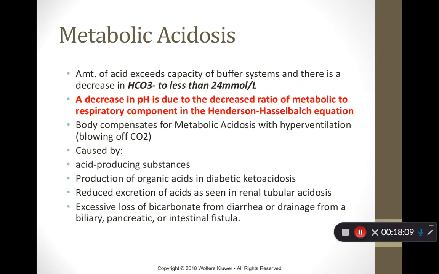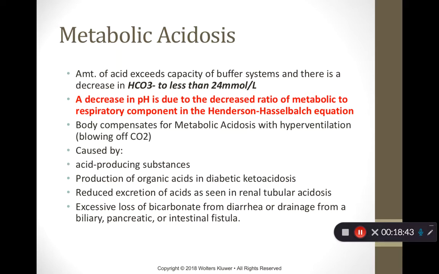So in metabolic acidosis, again, remember, acidosis can occur either through a metabolic issue or respiratory imbalance, okay? So this is in particular metabolic acidosis. This is when the amount of acid exceeds the capacity of the buffer system, and there is a decrease in bicarbonate to less than 24 millimoles per liter.